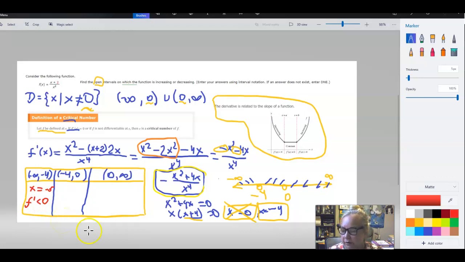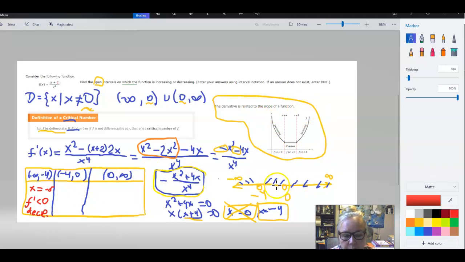So the function will be decreasing on this interval. Remember to refer to the theorem or this rule which I posted for you. So derivative negative, the function decreasing.